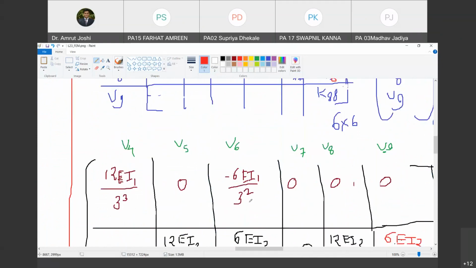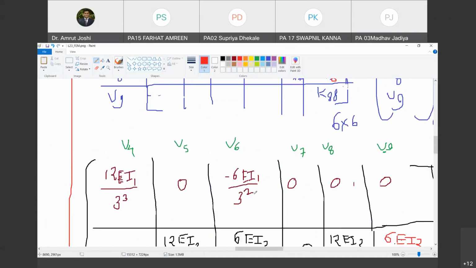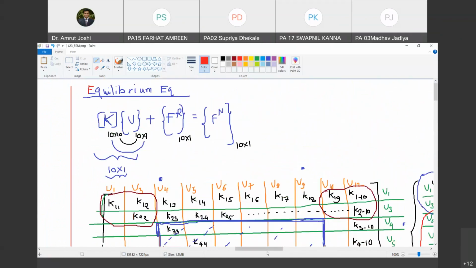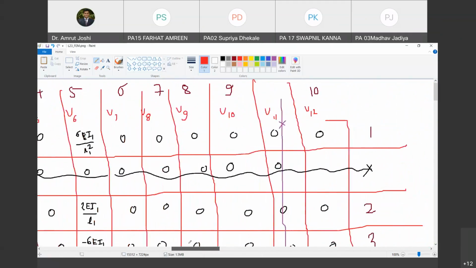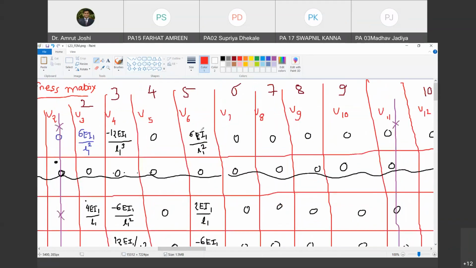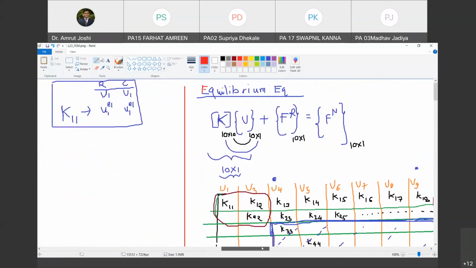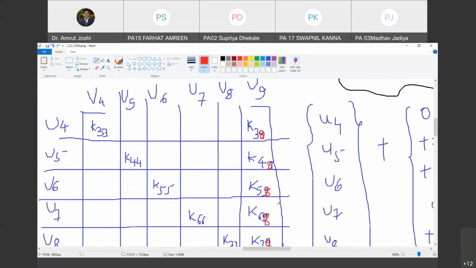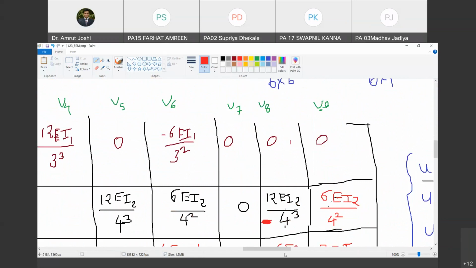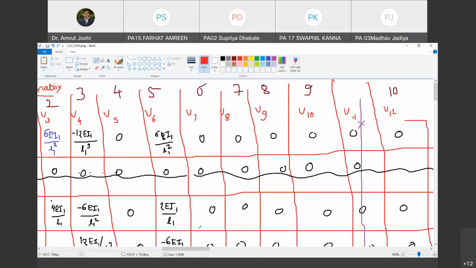Why this is minus 6EI upon 3 square? तो कहाँ से असेंबल किया हमने? असेंबली में गड़बड़ है. ये तो प्लस ही है. लिखते वक्त गड़बड़ की है क्या? अच्छा हमें किसका इंटरसेक्शन चाहिए? एक मिनट यार. सो लेट मी चेक. वी वांट U6 एंड U4. जरा देखो इसका इंटरसेक्शन इसमें.